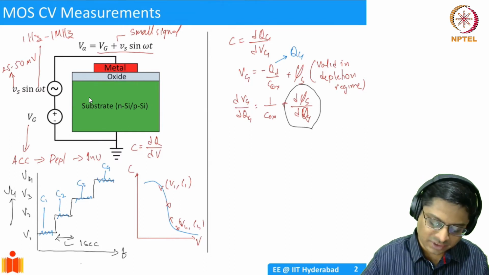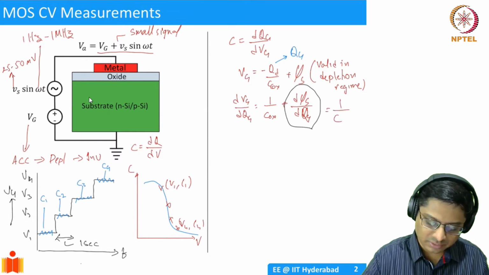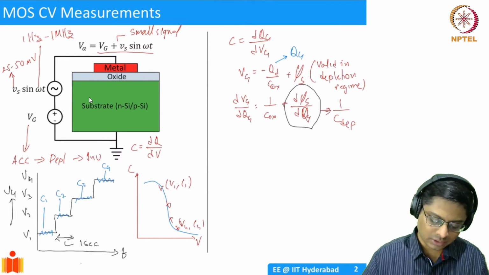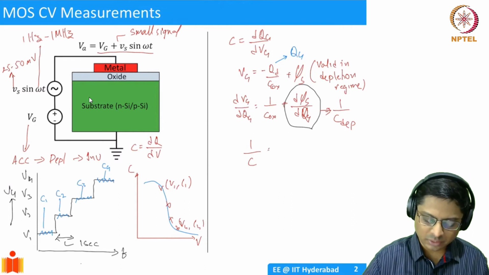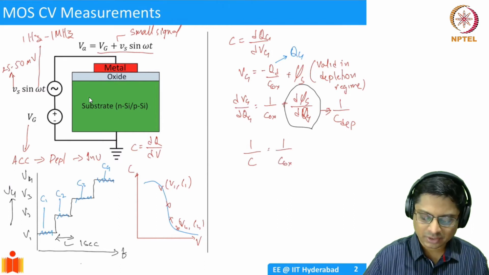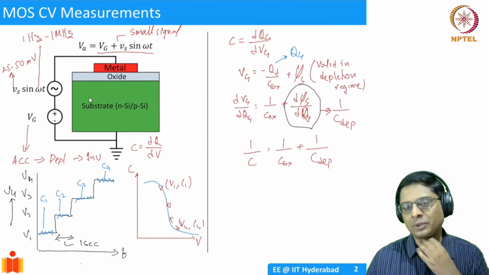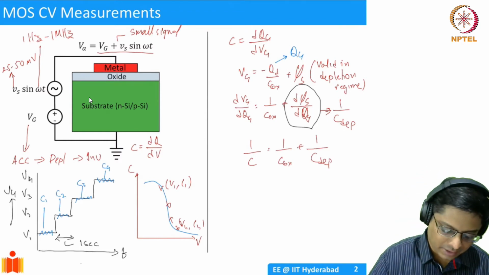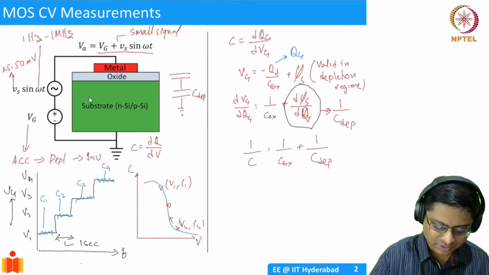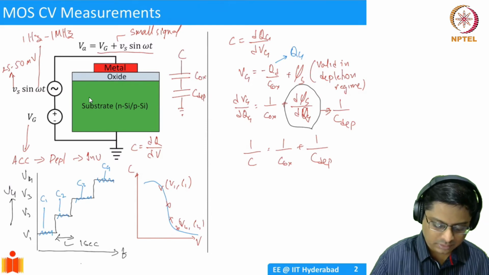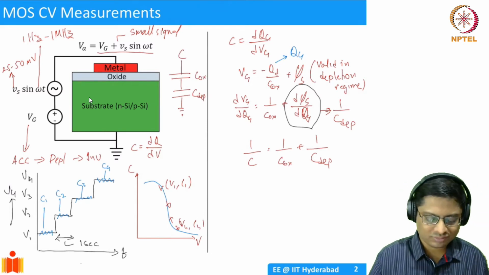So this second term is equal to 1 over C depletion. Overall, 1 over C, the gate capacitance, is equal to 1 over C oxide plus 1 over the depletion capacitance. So in effect, you have an oxide capacitance and a depletion capacitance in series. That seems reasonable, right?